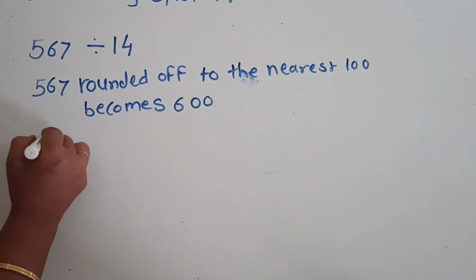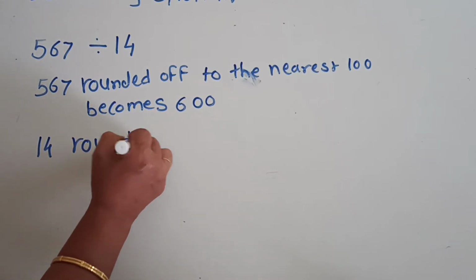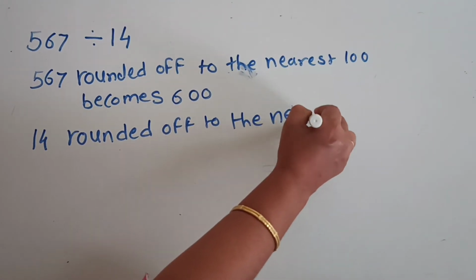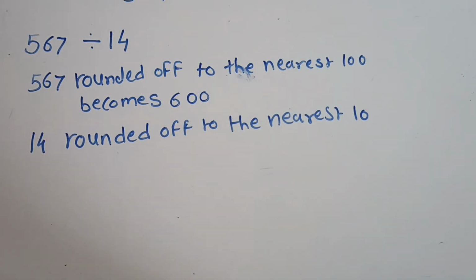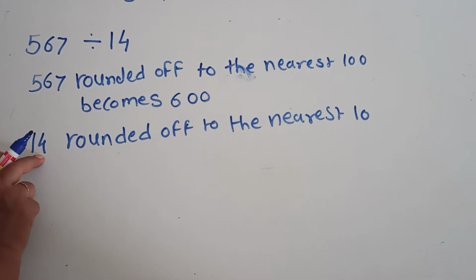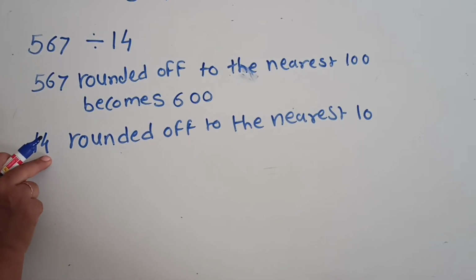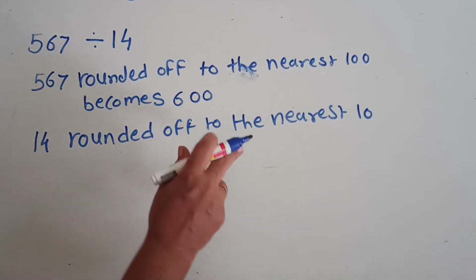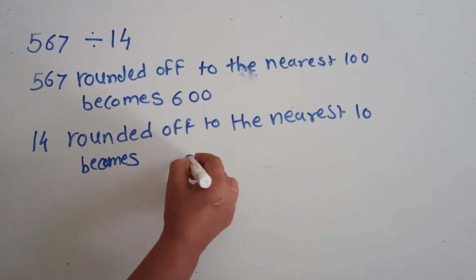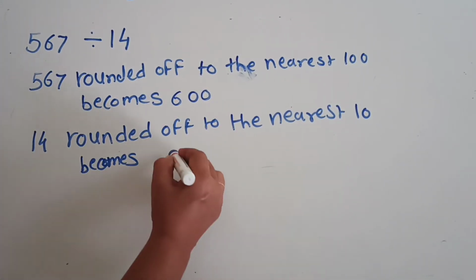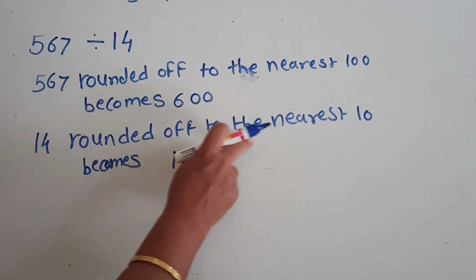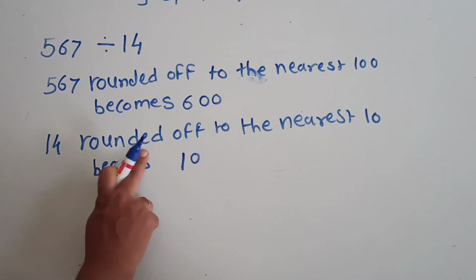And this 14 rounded off to the nearest 10: nearest 10 means we have to see the ones place number, and the ones place number is 4. It is smaller than 5, so no change in the tens place. The ones place becomes 0 and the tens place stays as it is. Understand? 14 rounded off to the nearest 10 becomes 10.